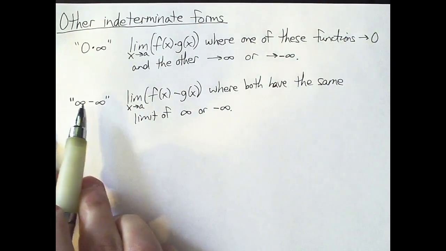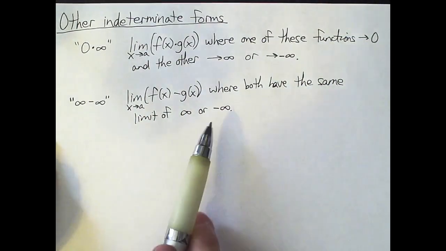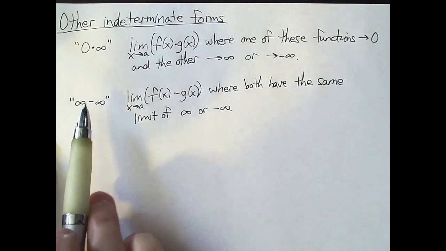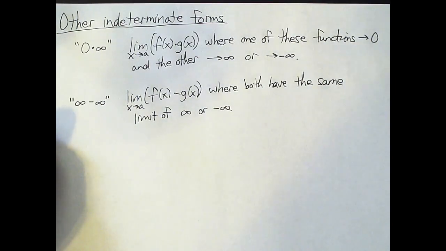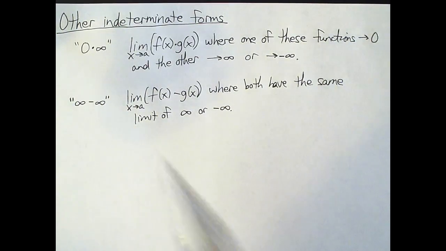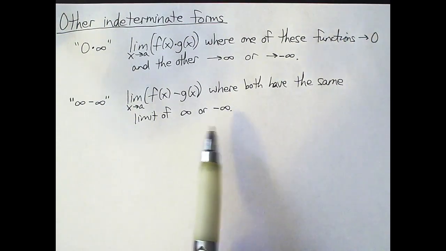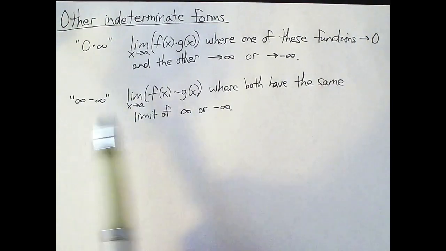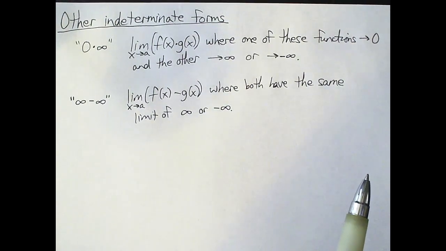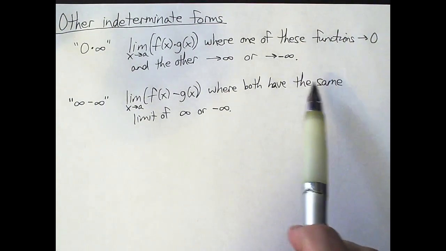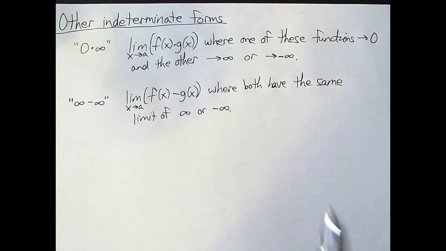So it could be infinity minus infinity, or it could be negative infinity minus negative infinity. It's also an indeterminate form. And what I mean by this is it's not one of each. It's not like one of them approaches infinity and one approaches negative infinity. They both have the same limit.